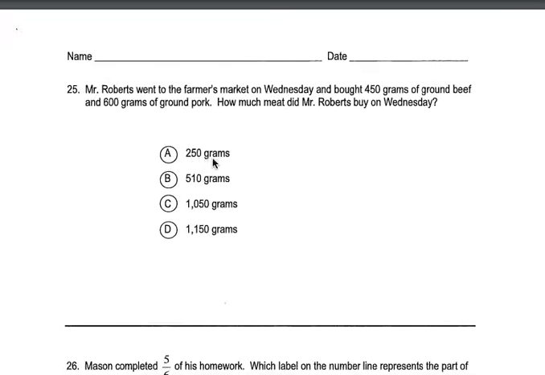A, 250 grams. B, 510 grams. C, 1,050 grams. D, 1,150 grams. How much meat did Mr. Roberts buy on Wednesday?